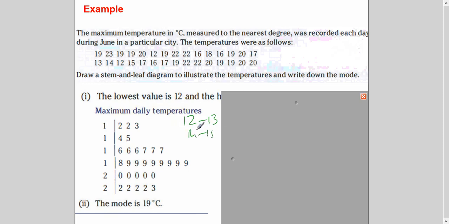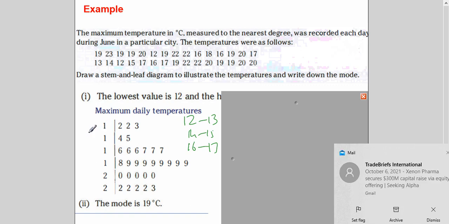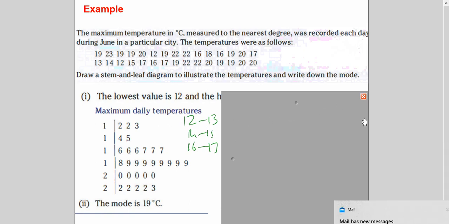So I have taken 2 units of data, right? So as many 14s as I have, I will write here. So 16 to 17 and so on. Like I said earlier, it all depends on what type of data you have. Here it would not be wise to write 1 and 2 and write down the whole long line of leaves. That is not a good way to represent the stem and leaf.